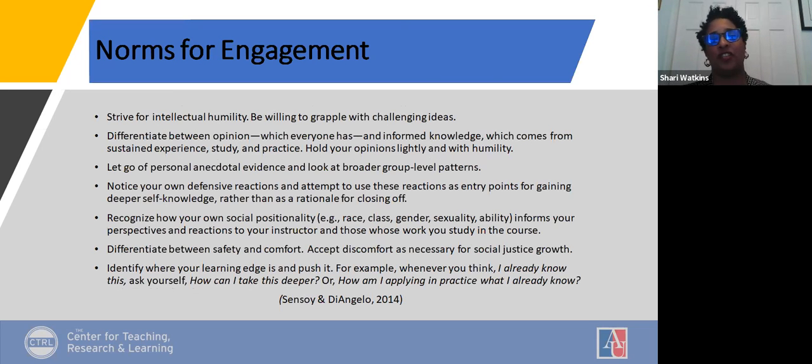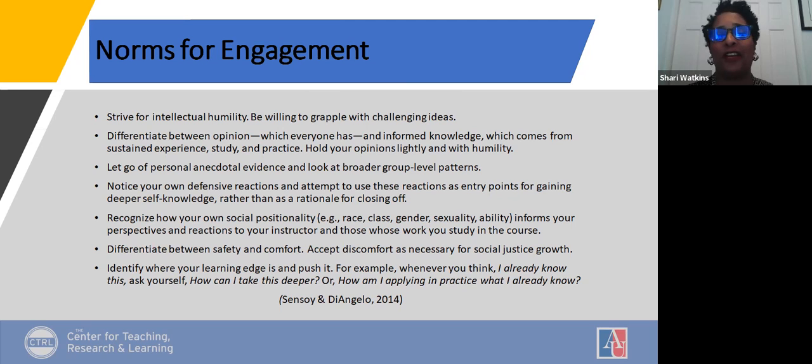So I want to share with you a few norms for engagement for social justice. Some of you may have seen these, but it's really important that if we want to do this work, we have some principles to help guide us. Please take a moment to read through these, and I'll touch upon them briefly.